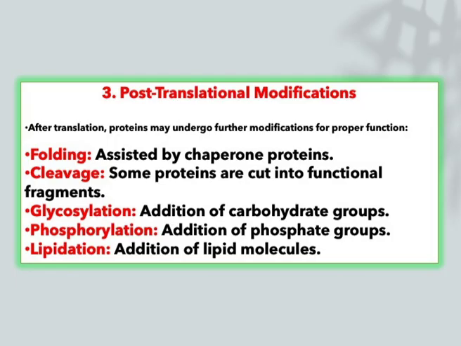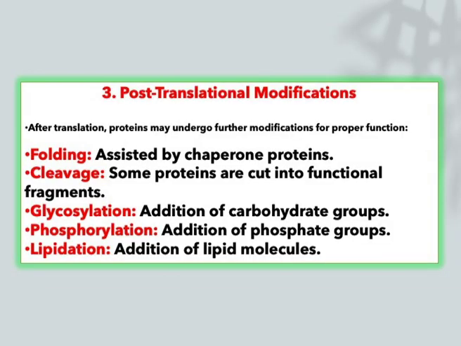After translation, the post-translation folding is assisted by chaperone proteins. Chaperone proteins are most important proteins involved in post-translation modifications. Then cleavage. Some of the proteins are cut into functional fragments. Functional fragments are most important for other biochemical processes of all living organisms.